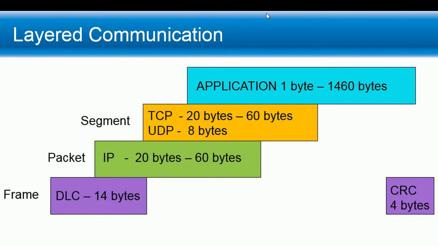If the two numbers match, it's a good frame, and then you hand it up the stack based on the protocol field. If the two numbers don't match, the receiver discards that frame. Then something else has to happen: TCP has to retransmit it if we're using connection-oriented, or it's just thrown away if we're using UDP, or connectionless.